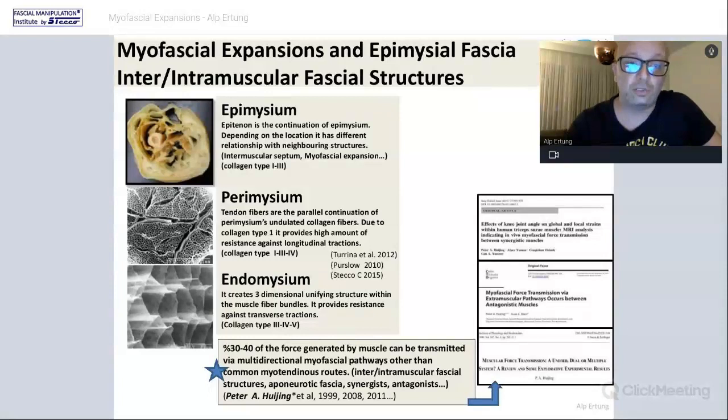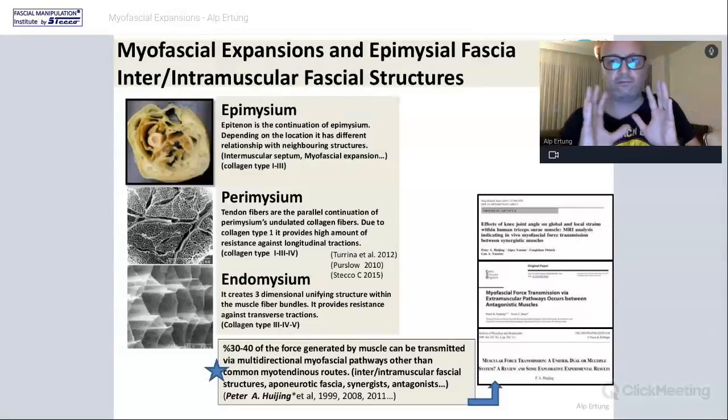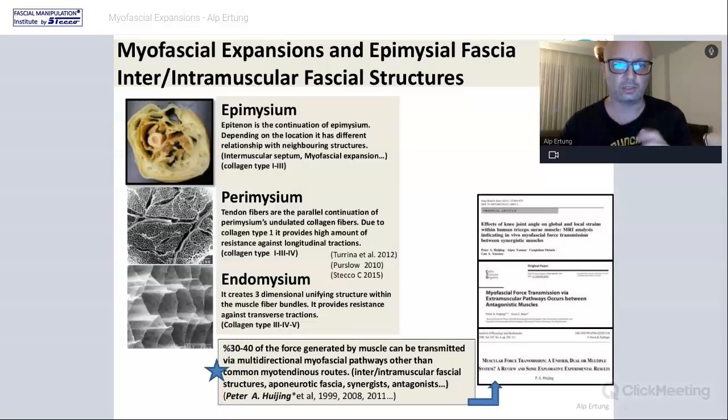Thirty to forty percent of the force generated by muscle can be transmitted other than through the common myotendinous route, by the help of its connections between other structures, the aponeurotic fascia, the intermuscular septums and everything. So the fascial system provides us a very nice three-dimensional functional architecture.